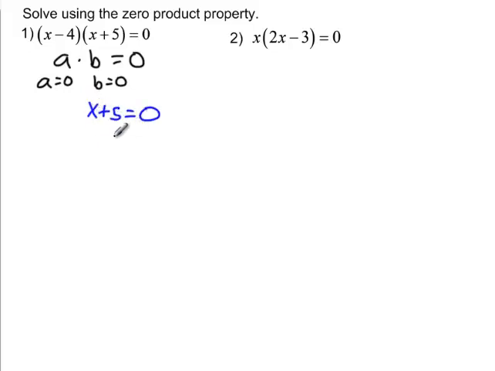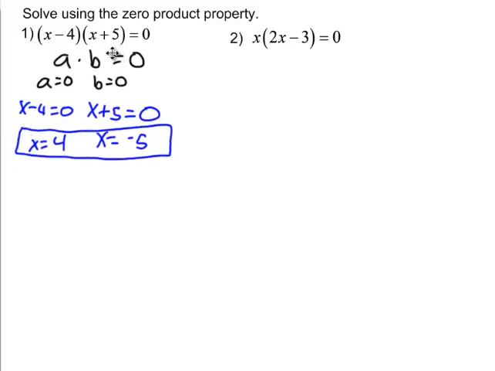So what must x be to make this whole thing 0? Hopefully you move the 5 to the other side, made it a negative, and you get x equals -5. We're going to do the same thing over here, because a could be 0. So x minus 4 equals 0. Move the 4 to the other side, x equals +4. So these two right here are my solutions.